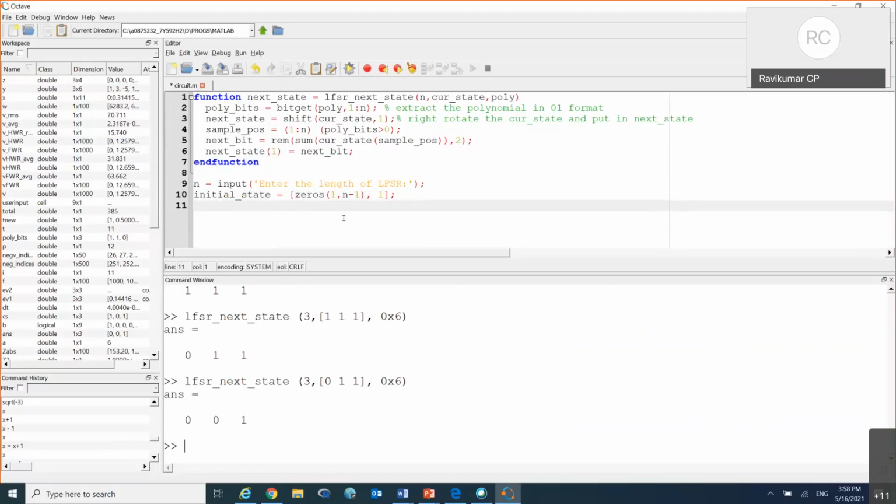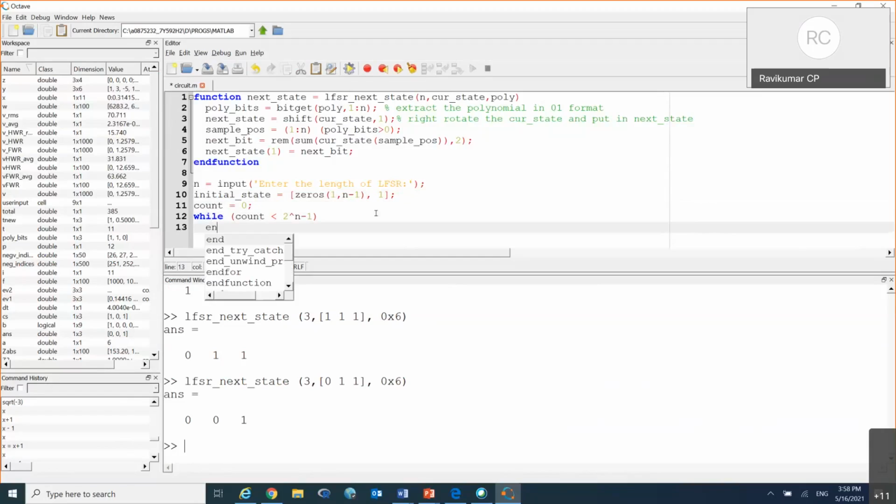Or maybe while. Okay. Let us put a count here. While count is less than 2 to the power n, I will have to say display initial state.